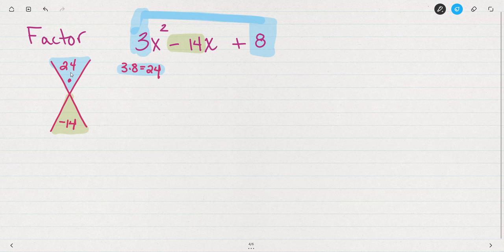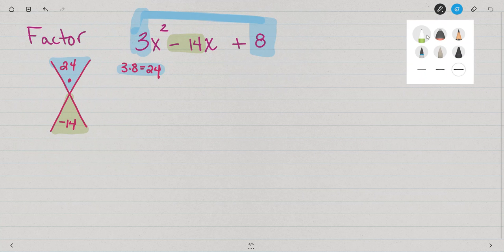So now to do the number chart, I'm looking for two numbers that when I multiply, I get a positive 24, and when I add or subtract them, their difference or their sum is going to be 14.